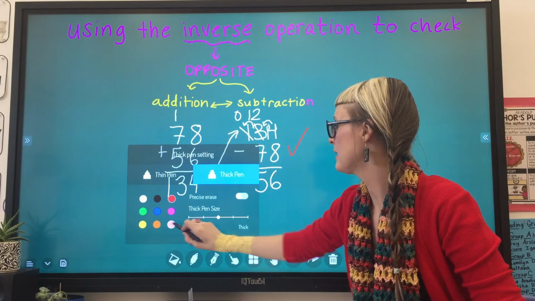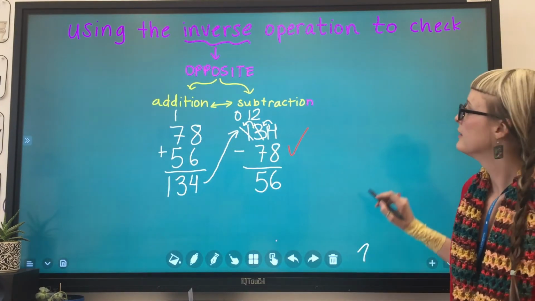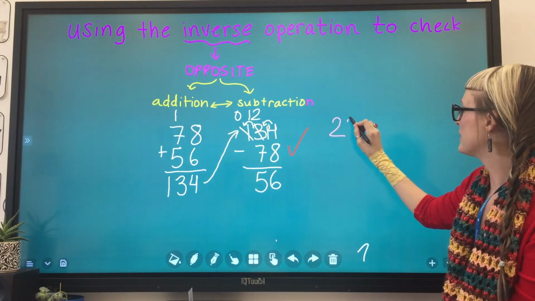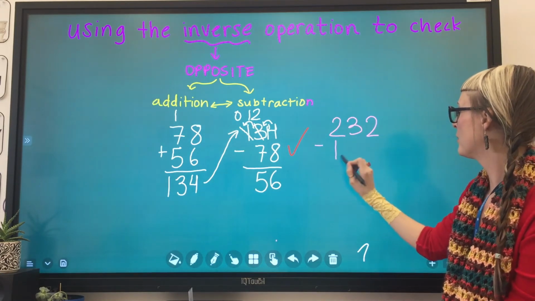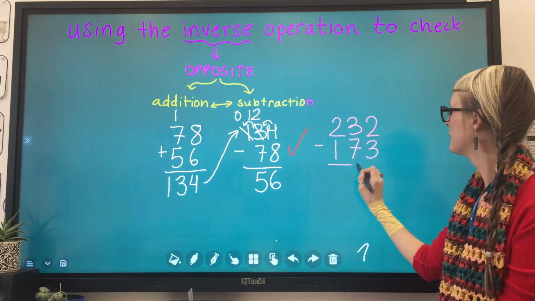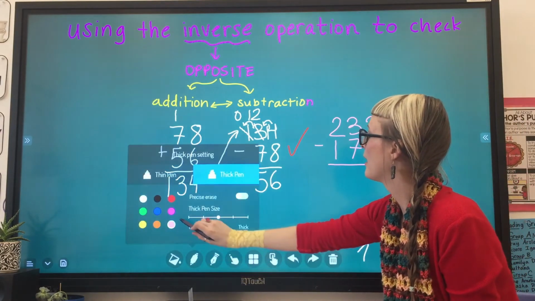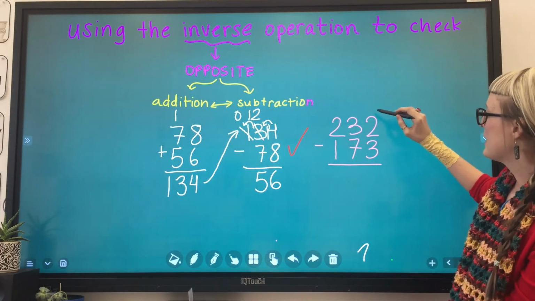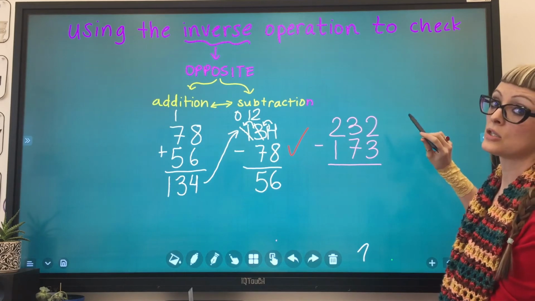Okay, let's do a subtraction problem this time. Okay, so let's say I have 232, and I'm going to subtract 173. Okay, so I only have 2 ones, but I need to take away 3 ones, so I'm going to need to regroup.